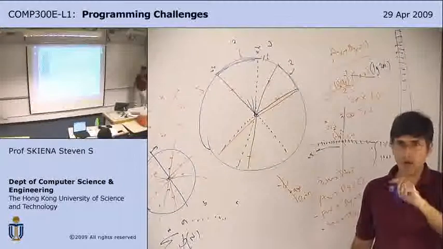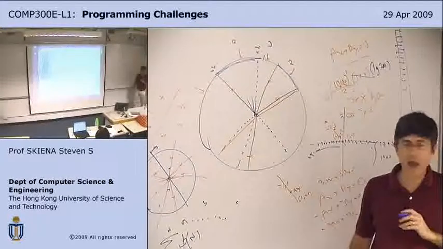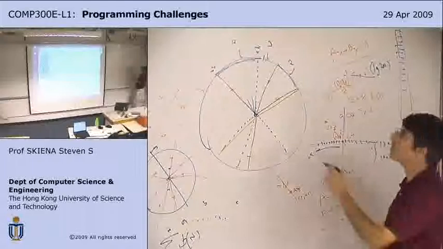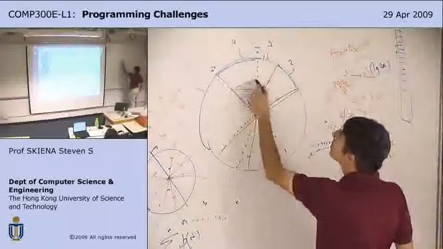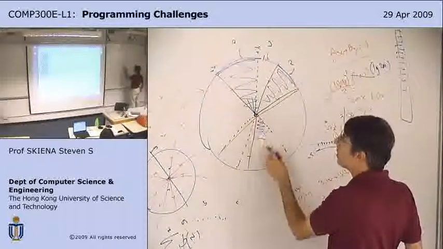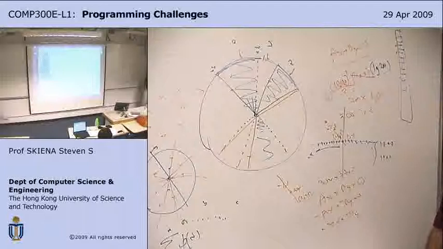This seems to me to be quite reasonable. I don't have to search all the points. I only have to search the points whose angles are within these quadrants. Is that right? And I may not even have to search them.